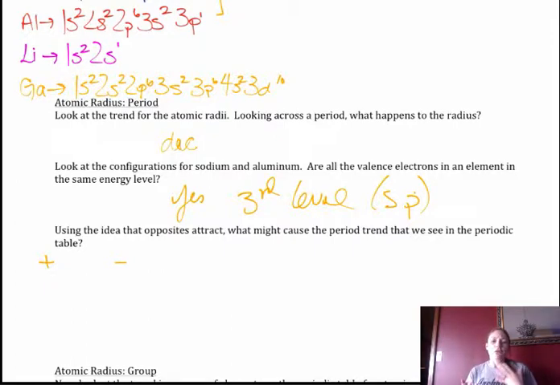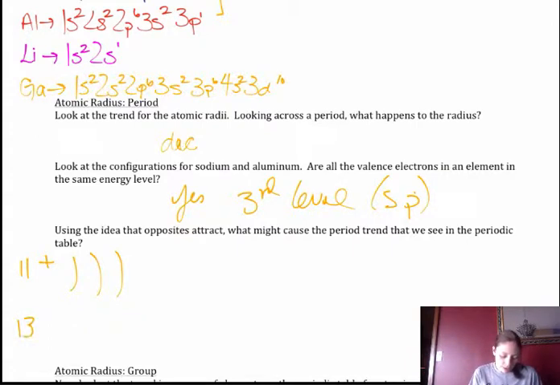So if we look at sodium and aluminum, okay, all of the electrons are the same distance away. So sodium has 11 positives. It also has 11 negatives. Okay, but it has those 11 negatives in the kind of 1, 2, kind of third level. So if we talk about them kind of as like rungs on a ladder to make it easier, versus, I mean, they're actually shapes, 1s, 2s, 3s, okay?